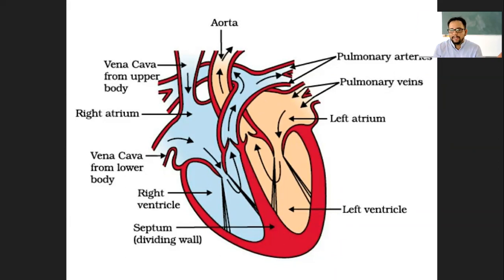The stronger the muscles, the stronger the push of the blood, and that's why it is thicker. So the left ventricle is bigger in size compared to all other three. Surely it is bigger than the right ventricle, and it also has the thickest wall around it.